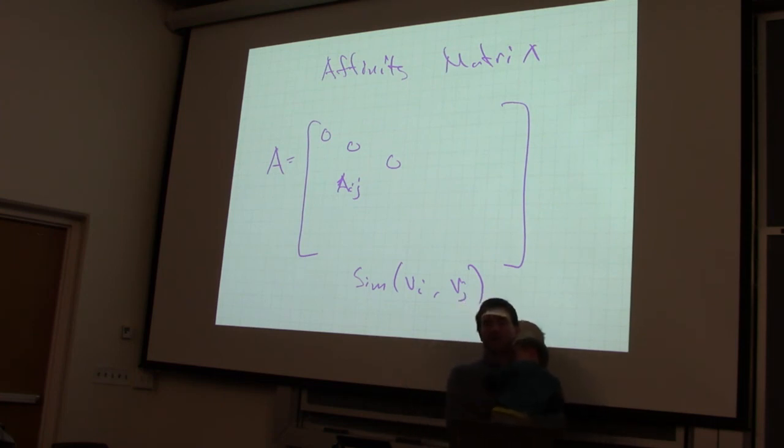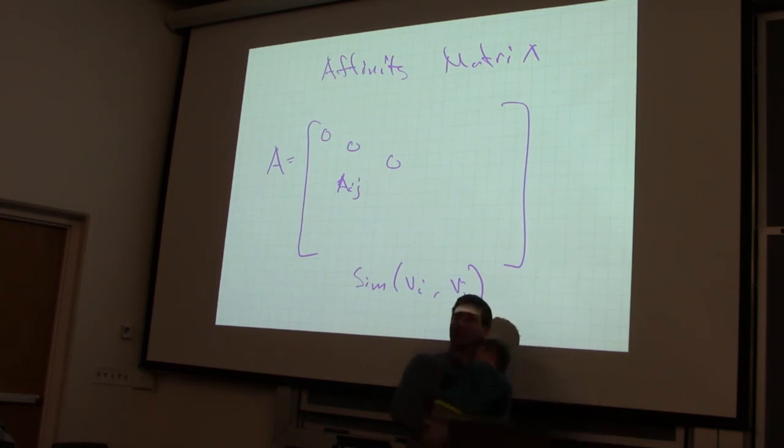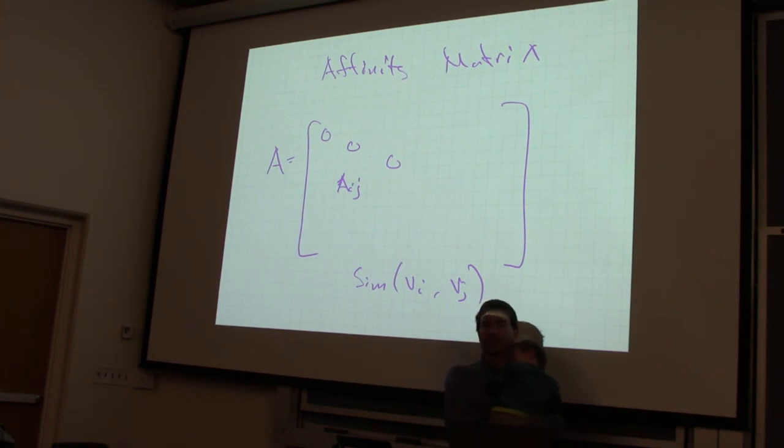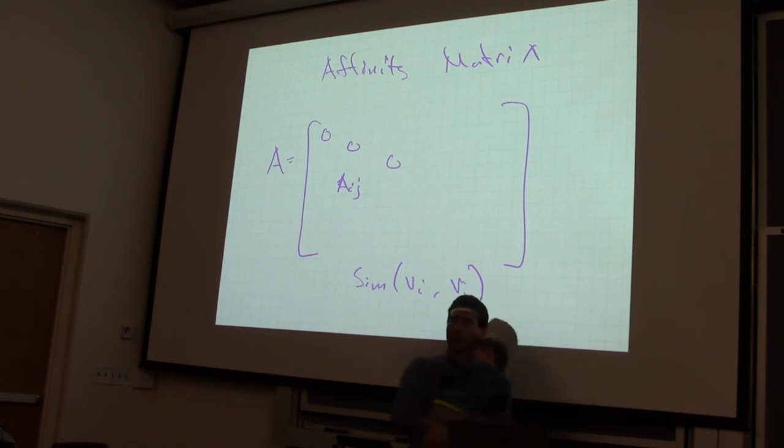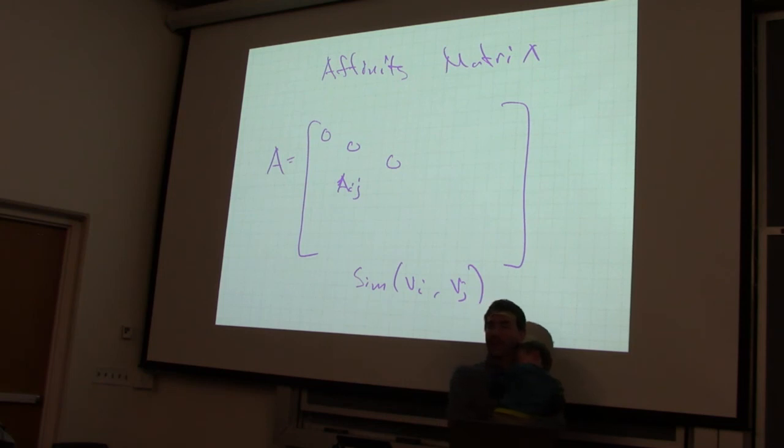The diagonals would otherwise be 1, which would not be telling you anything. Set those to 0, and then you can define the degree matrix by just adding up the rows. If it's symmetric, the rows and the columns add to the same thing, and so forth. Then I can just run the same algorithm as before. So if I have a point set, I can run this as well as long as I have a similarity defined.